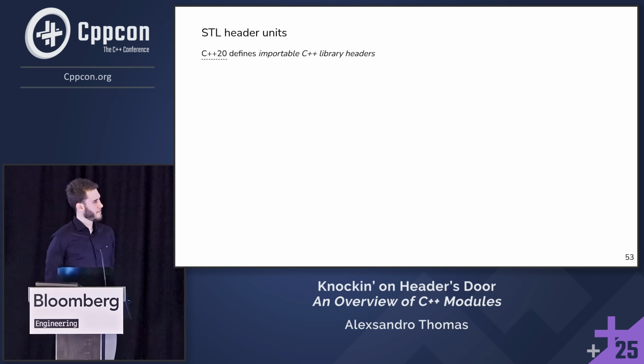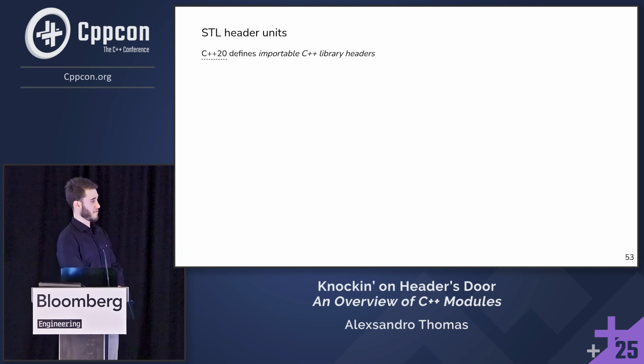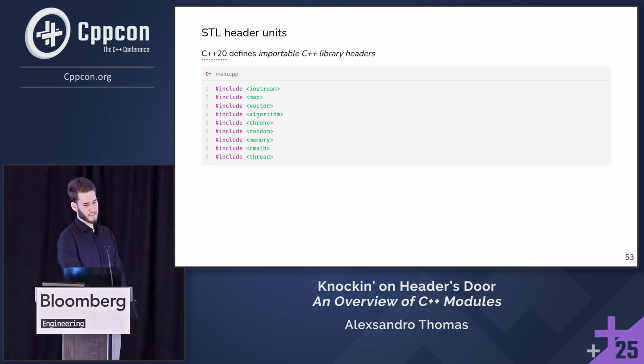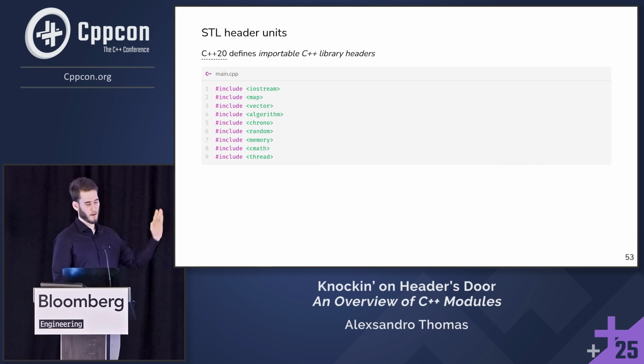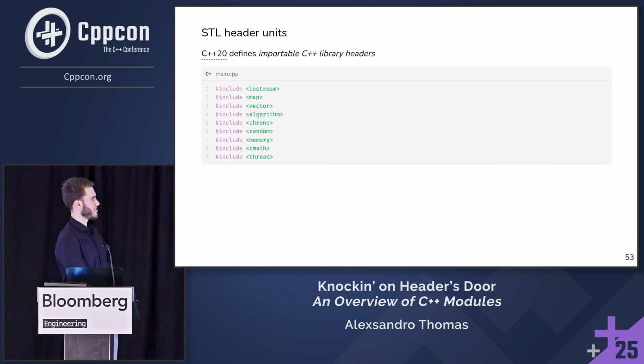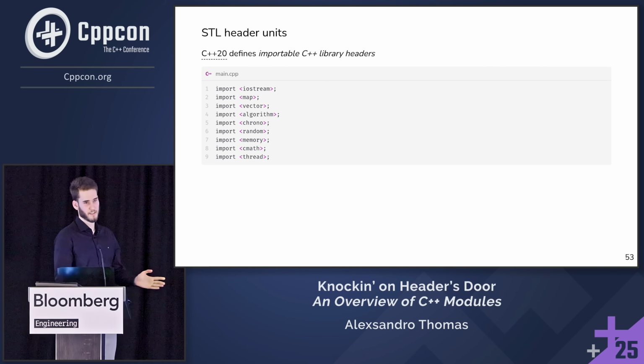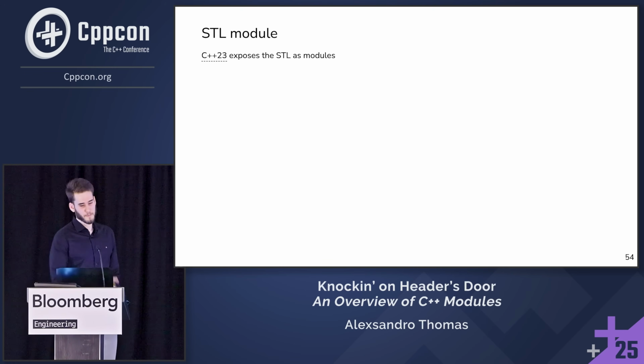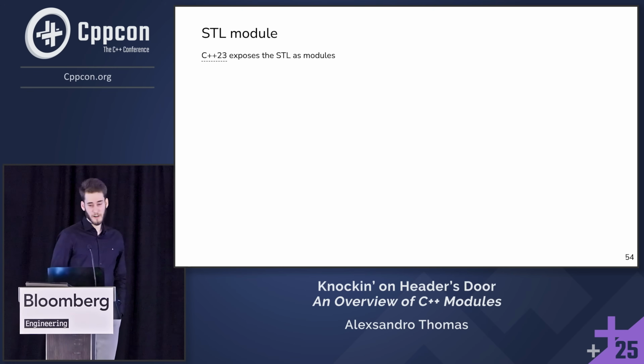The STL header units are the most amazing feature that came with C++20 because they just defined the importable C++ library headers for the STL. So that just means that you could take all of your includes that you had in your program and substitute them with imports and just get the same benefits as you would have before. And C++23 introduced an even more amazing feature.